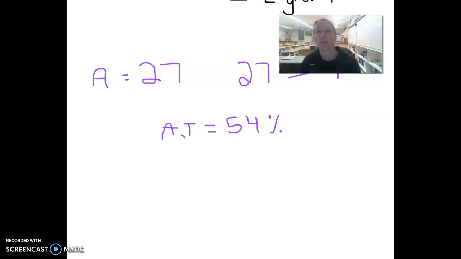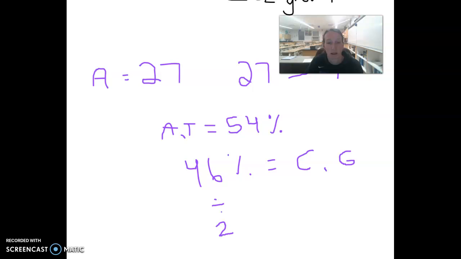So what does that leave us out of 100%? We can take 100% minus 54, and we're going to come up with the number 46. So we know 46% has to be made up of C's and G's. So how do we know how much of it is made up of guanine and how much is made of cytosine? We'll just take this 46% and divide that by 2.